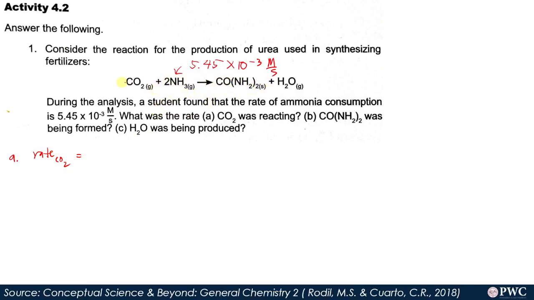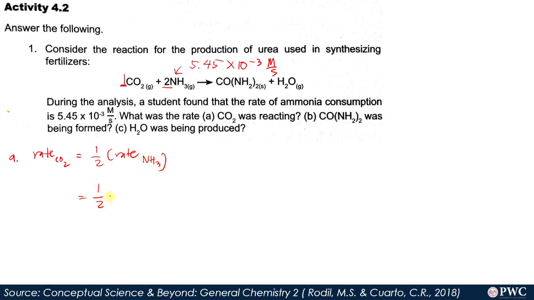The rate of CO2 compared to ammonia is 1/2, right? For every 2 moles of NH3, only 1 mole of CO2 is used in the reaction. So the rate of CO2 is 1/2 compared to the rate of ammonia.